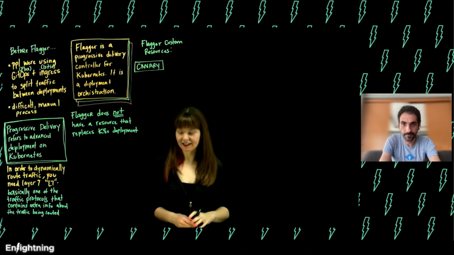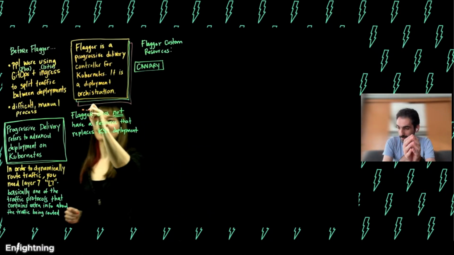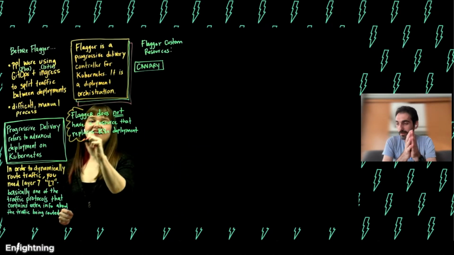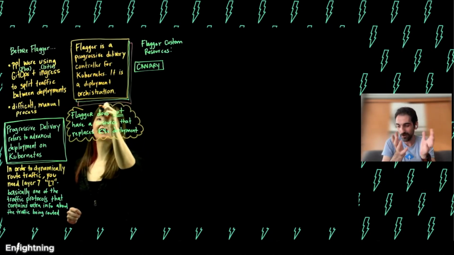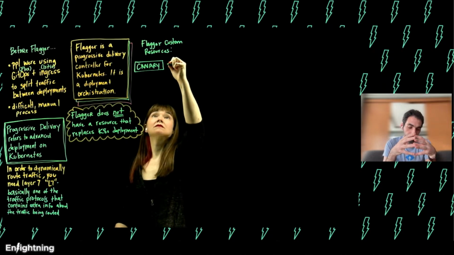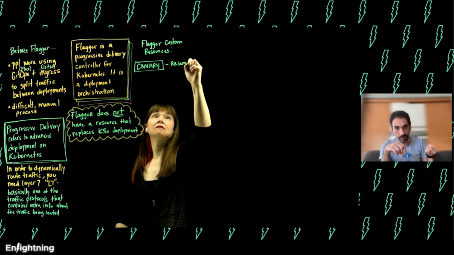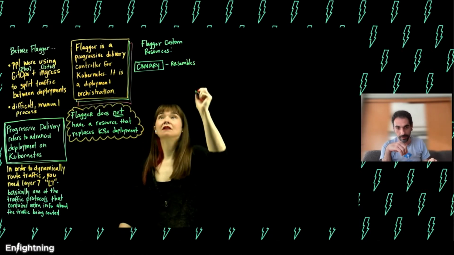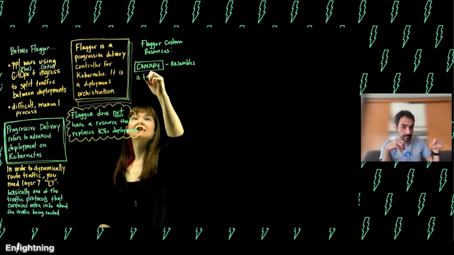So we have a Canary, a custom resource that resembles a lot the horizontal pod autoscaler. How you define a horizontal pod autoscaler in Kubernetes, you have the horizontal pod autoscaler definition, which points to the deployment it needs to scale up and down. The Flagger Canary does the same thing.